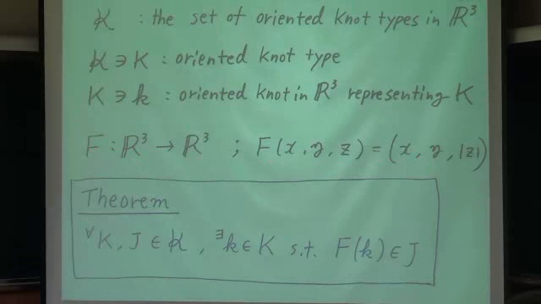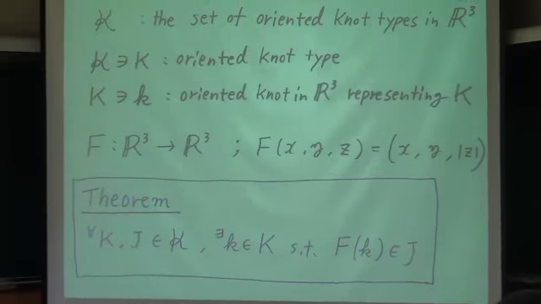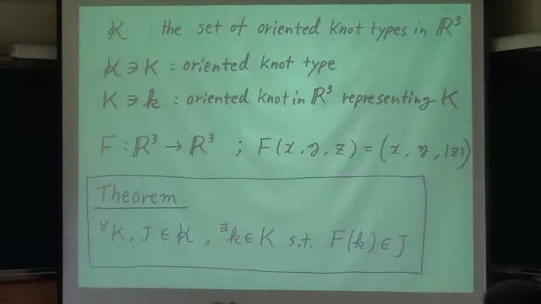Then we have the following theorem. For any knot types K and J, any two oriented knot types, there exists a particular representative k representing capital K, such that the image carries that orientation.